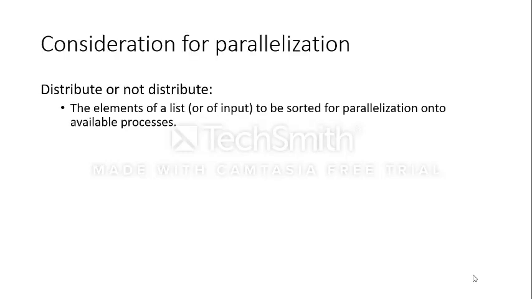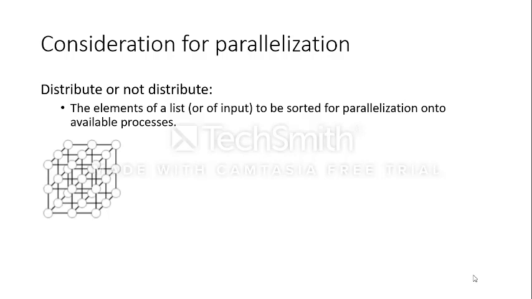So the fundamental question we have to consider is whether we should distribute the elements or not, whether it is required or not. Suppose we have an architecture which is a three-dimensional mesh with 27 nodes.